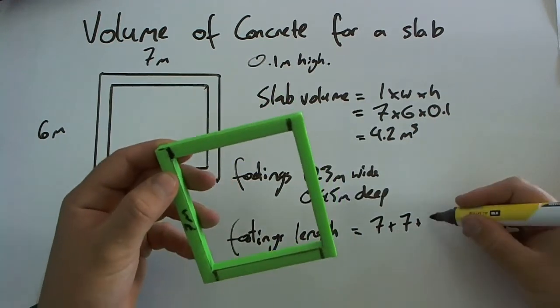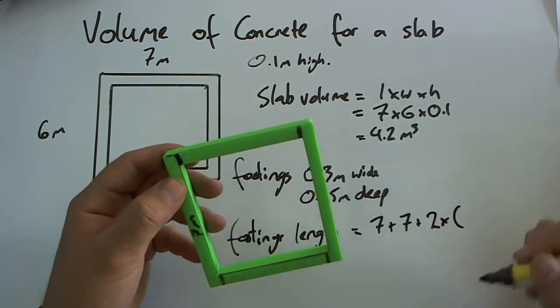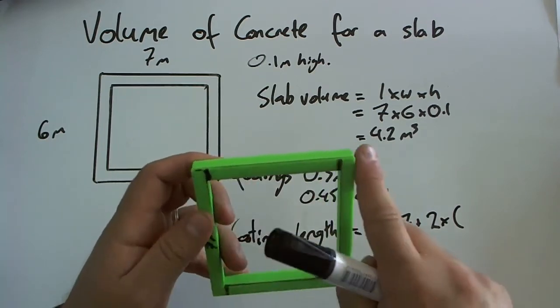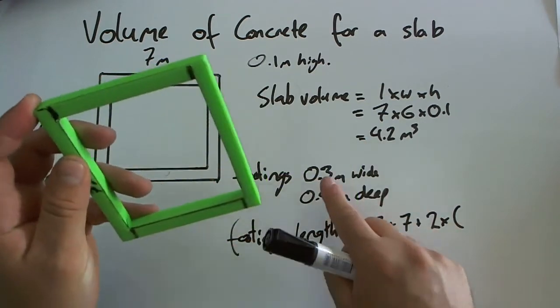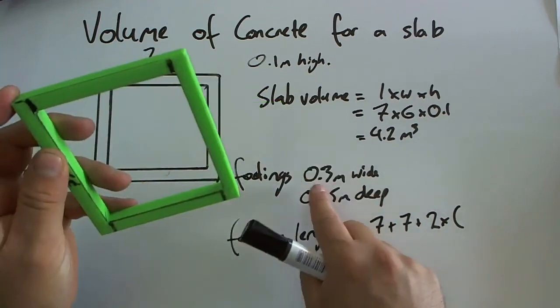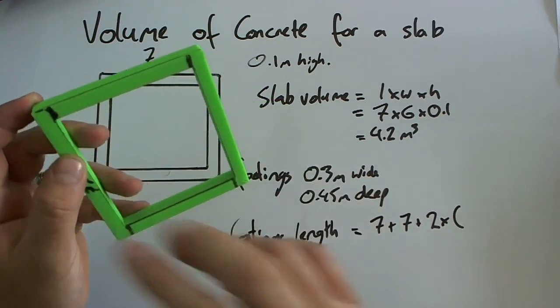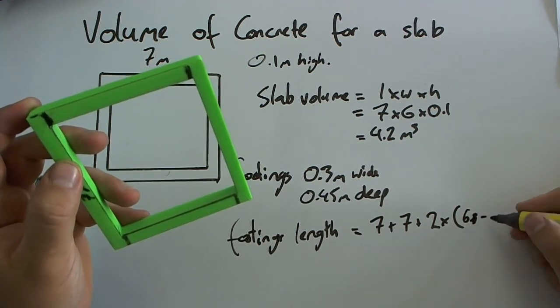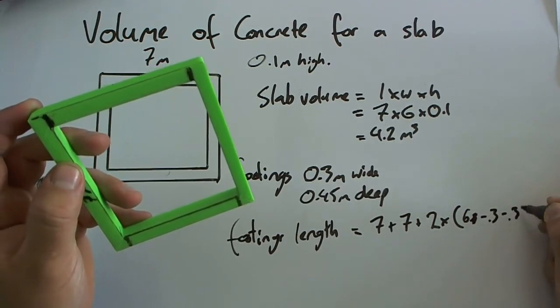So we've got a 7, we've got another 7, and then we have to think about this section. We've got 2 of them, so we're going to start off with 2 lots of, and we have to do something here. We've got 6 as the width, but we take off 0.3 here and 0.3 here. So we're going to do 6 take 0.3 take 0.3.